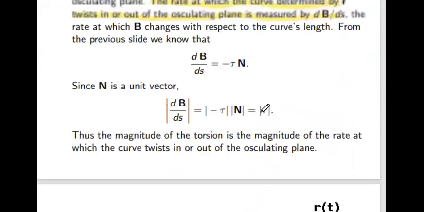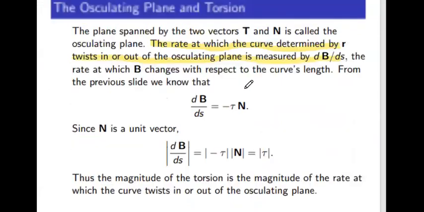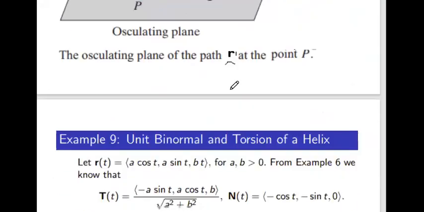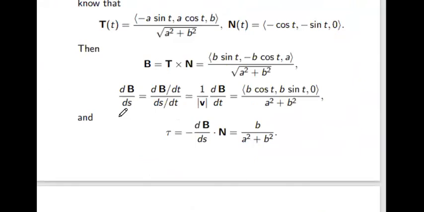You can convert this in terms of t if you want, by using the chain rule. But here I don't convert that in terms of t. They convert here, by using the chain rule, dB by ds, into terms of t.